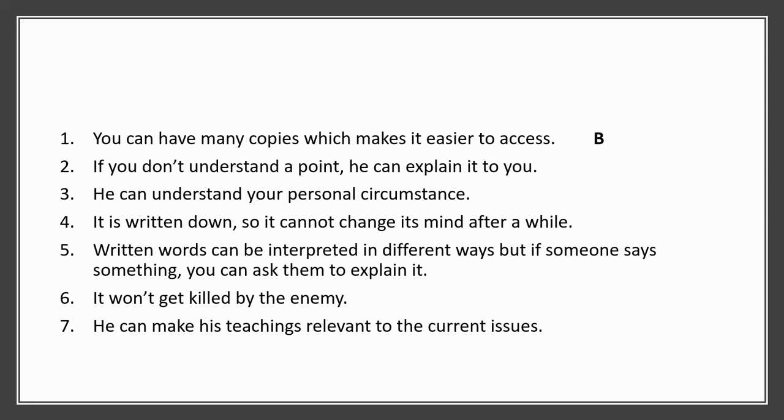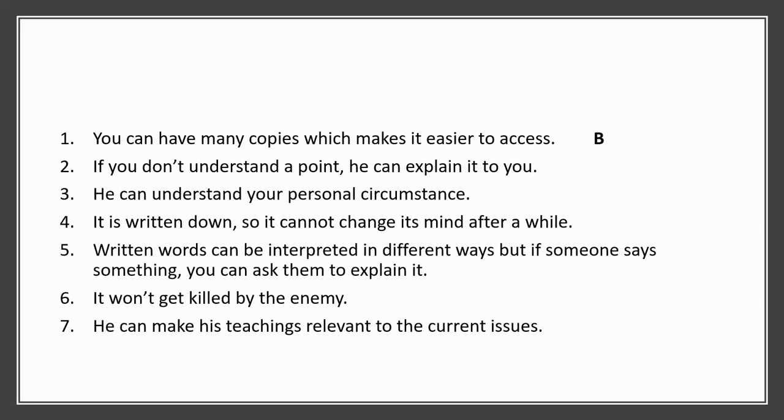But if you have many different copies of the same book, many people can access it at the same time, even though they will have to access the copy that's right in front of them. And so having many copies means that it would be easier for Sikhs to find out the sort of things that they need to know about.